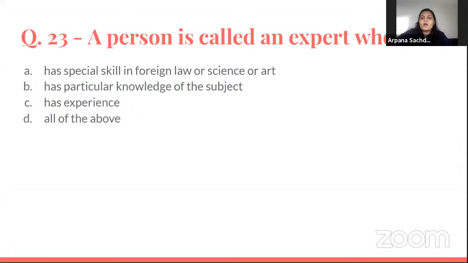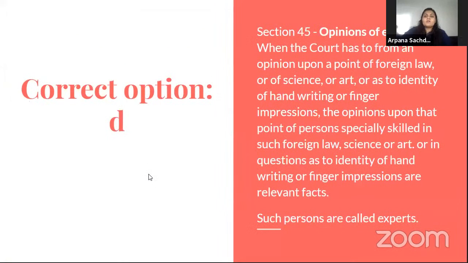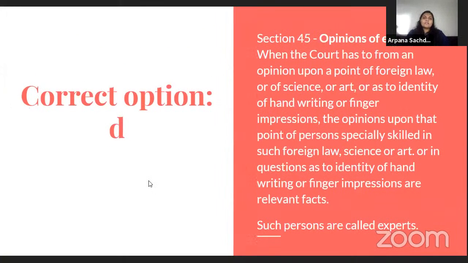Okay, so the time is up for this question. The correct option for this particular question is option number D, that is all of the above.